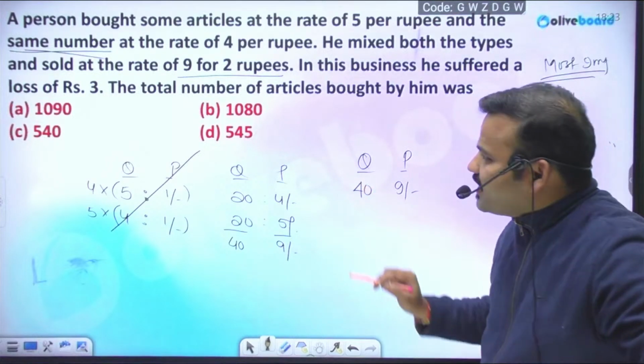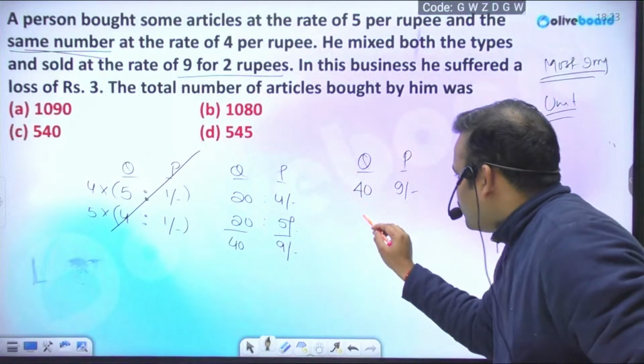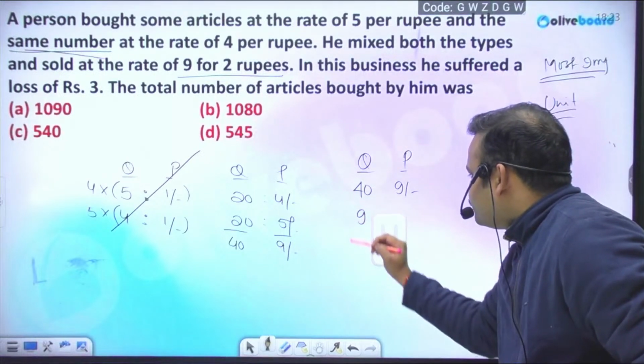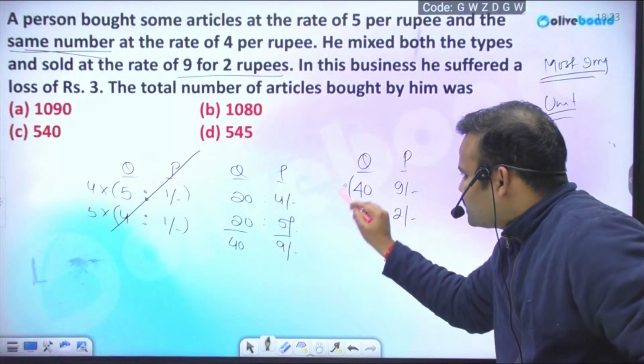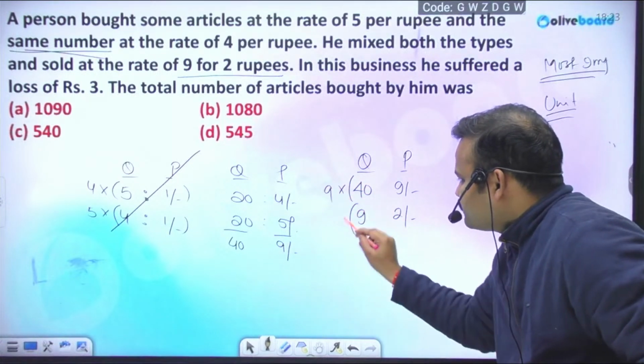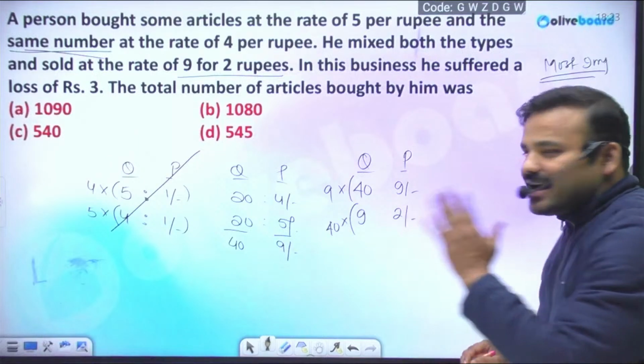And what he is doing? He is selling the entire articles at 9 for rupees 2. At this rate he is selling. Make this article count constant. Let him sell the entire articles.